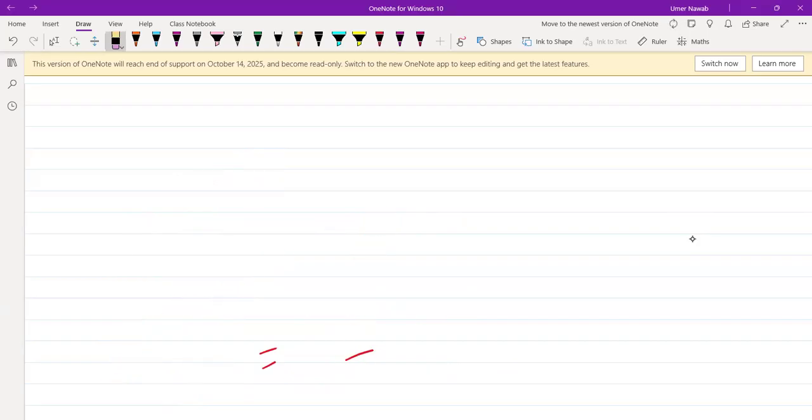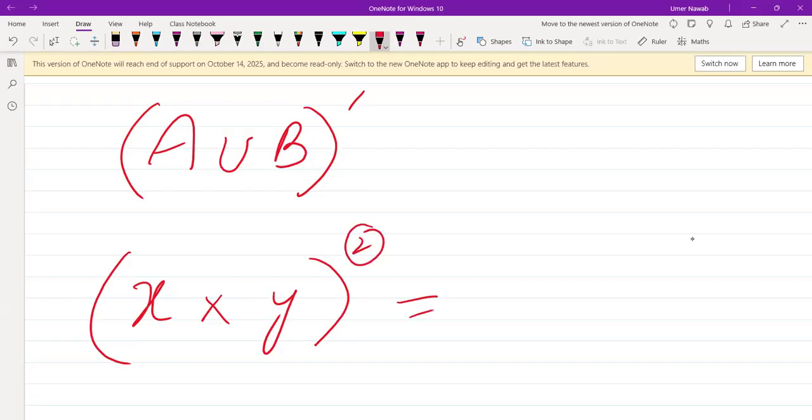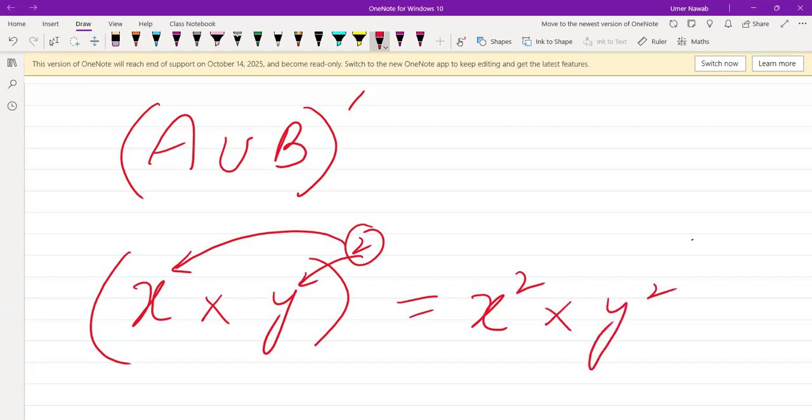Now, there is a very important rule which is called De Morgan's rules. It's not in your course, but I want to explain you. It will help you to shade the regions very well. Suppose I have A union B complement. It is the same like if someone has X times Y raised to the power 2. So in algebra, we studied this square goes here, so I'm going to write X squared times Y squared.